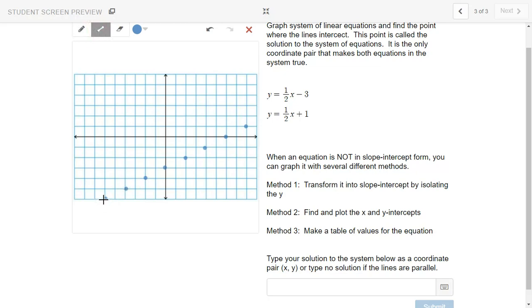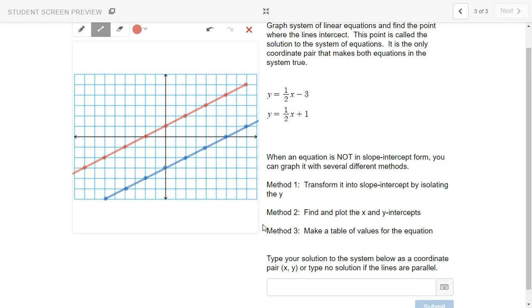And then we can graph our line all the way through all of those. Okay, let's do the other one in red. And that's going to be at 1. Then we go up 1 over 2, up 1 over 2. It's interesting. It has the same exact slope or steepness.